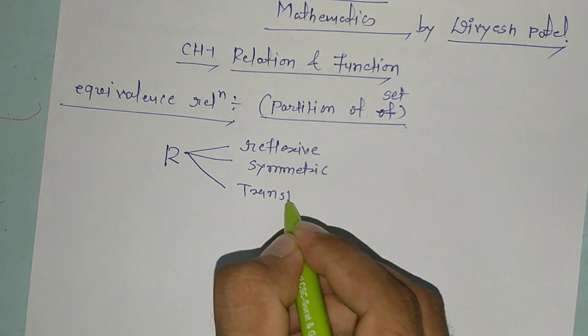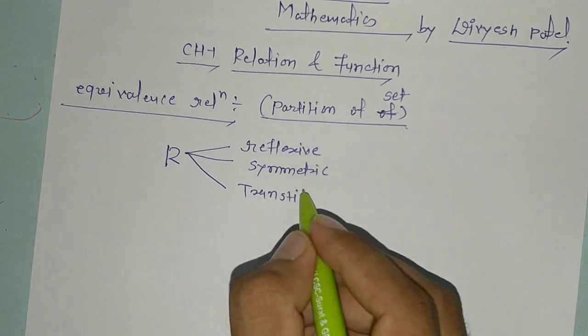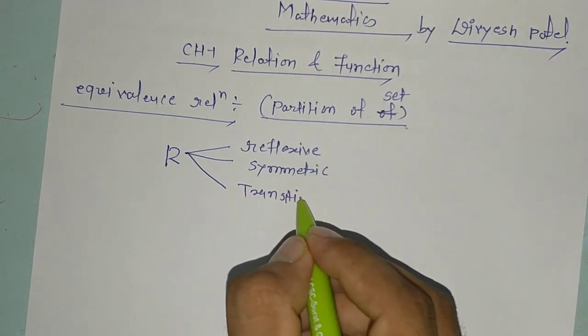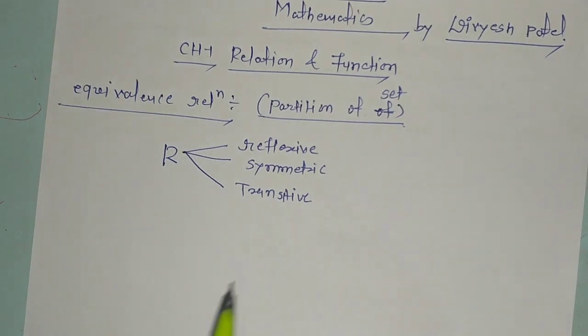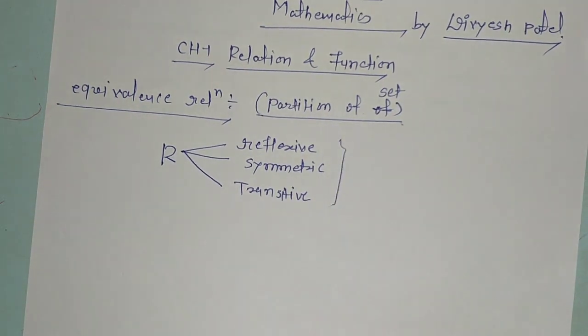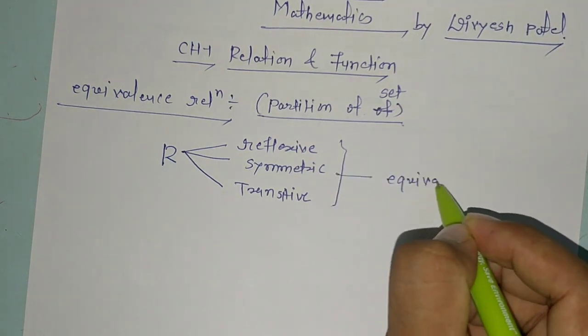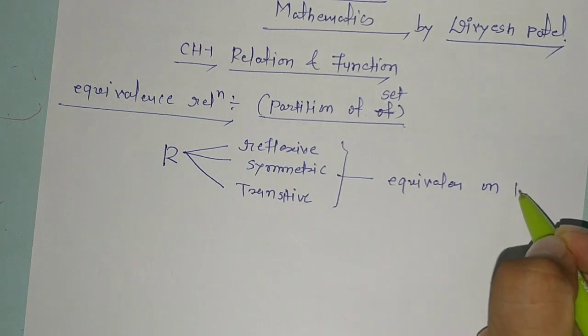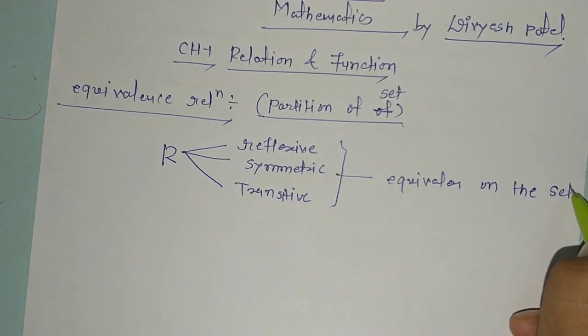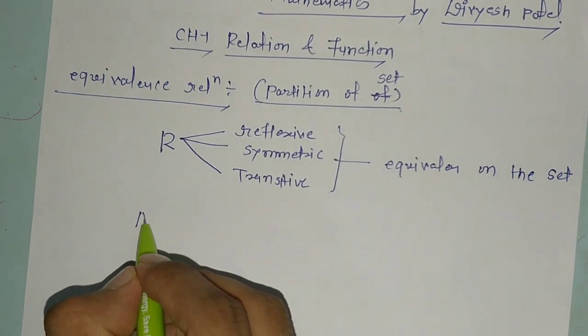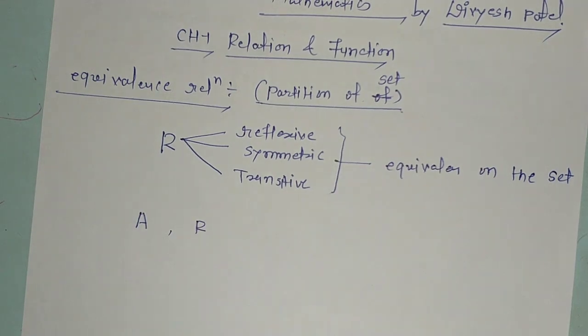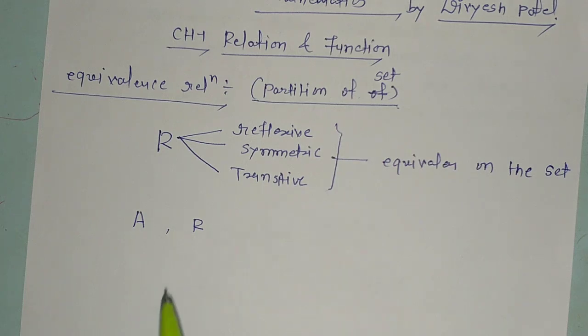If any relation satisfies these three conditions, then that particular relation is called an equivalence relation on the set. It means if I have set A and R is any relation on that set, and if R is an equivalence relation, then we say that R is an equivalence relation on set A.